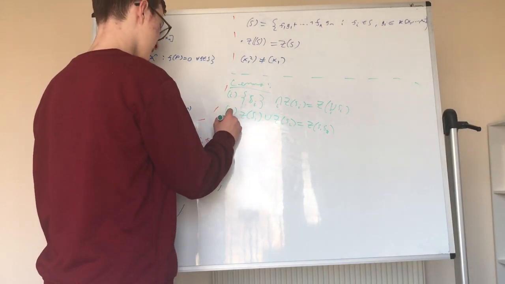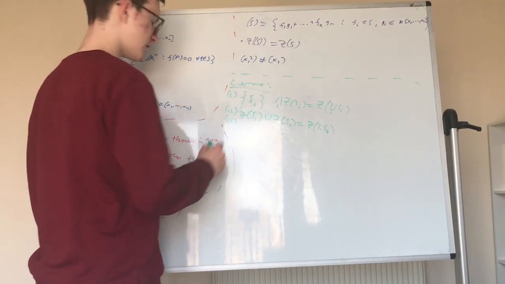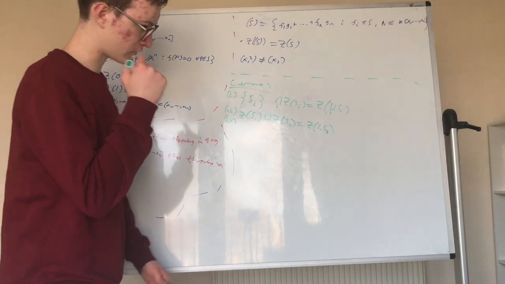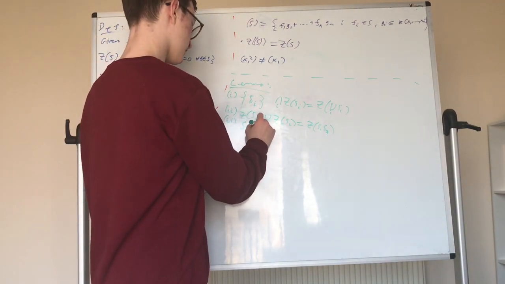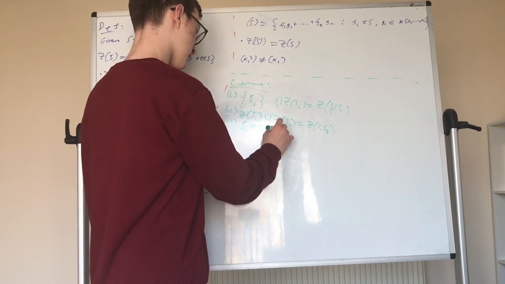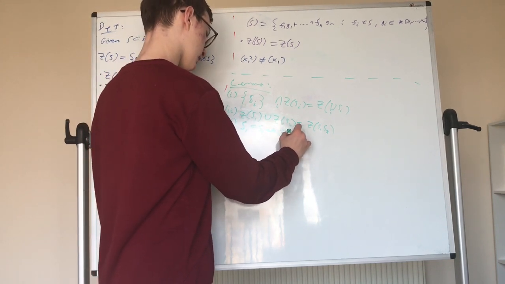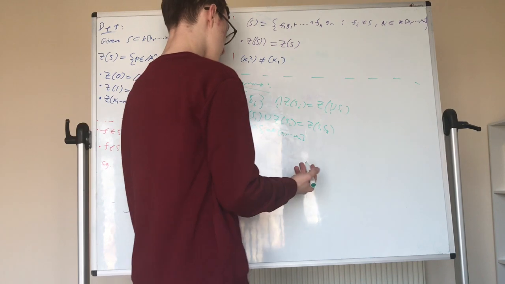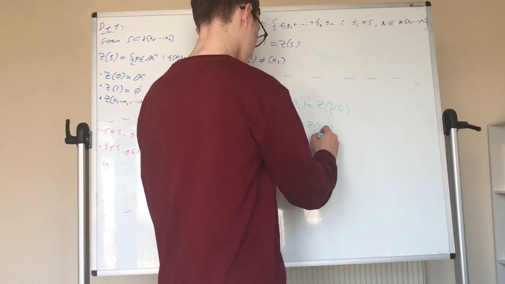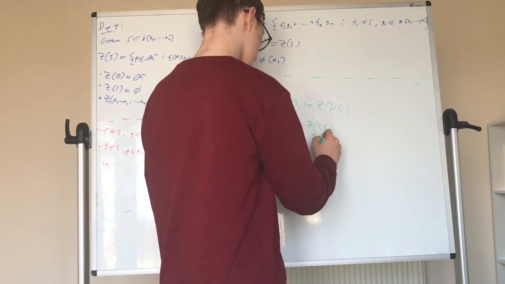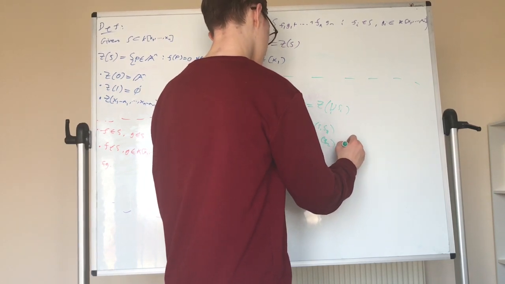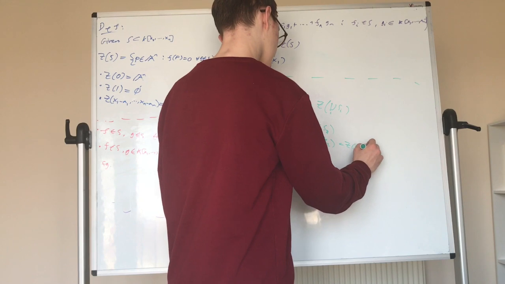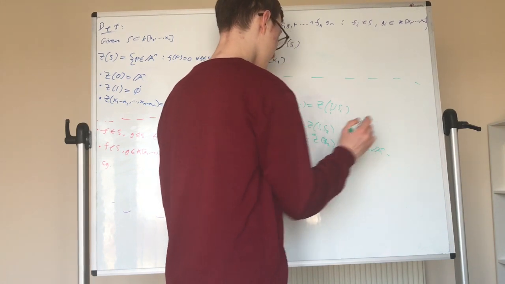And part 3, which isn't part of the definition of a topology but is another useful one to know, is that if we have S1 a subset of S2 a subset of K[x1, ..., xn], then Z of S2 is a subset of Z of S1, which is a subset of A^n.